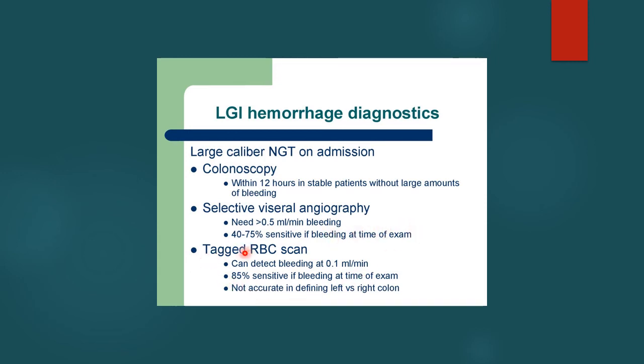Then the tagged RBC scan can detect bleeding at 0.1 mil per minute, which is much less than the angiogram. It is 85% sensitive if it is bleeding at that rate at the time of the examination. The drawback of this RBC scan is that it is not accurate in defining the left versus the right colon.